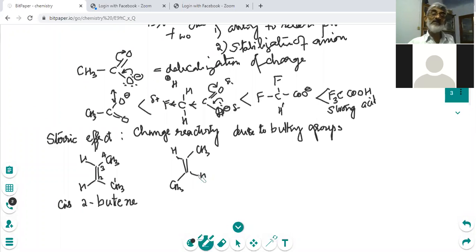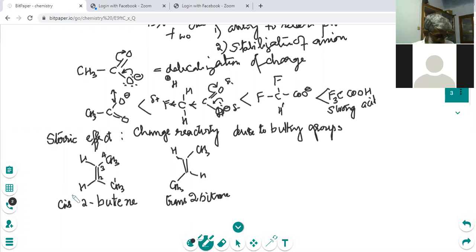You have a trans molecule, trans 2-butene. Now see here, these two molecules have quite a high difference in property.